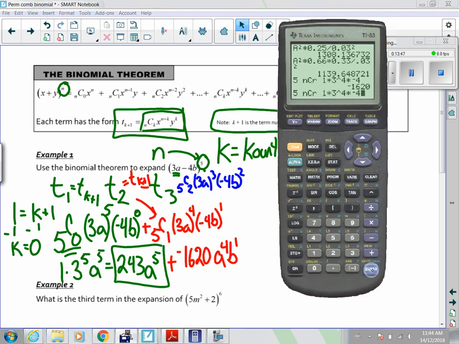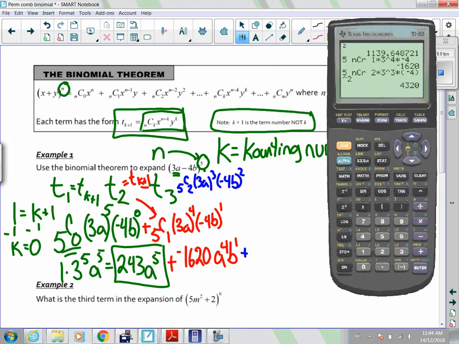Hit second enter, and it just gives it back to you. So now I can just go 5C2 times 3 cubed times, now I'm going to put my negative in brackets so that I can actually do this right. Squared. So that should be plus 4,320, sorry, a cubed b squared. And again, you can hopefully see the pattern here.